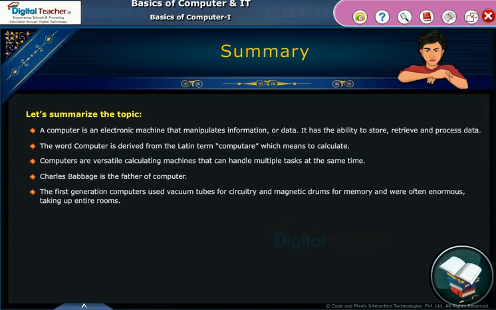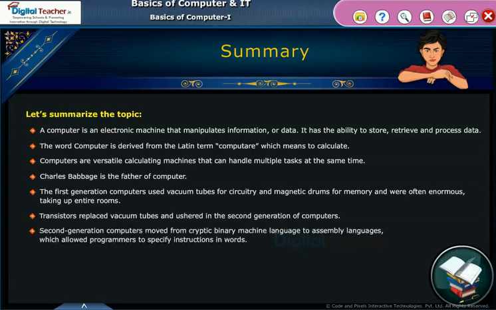The first generation computers used vacuum tubes for circuitry and magnetic drums for memory and were often enormous, taking up entire rooms. Transistors replaced vacuum tubes and ushered in the second generation of computers.